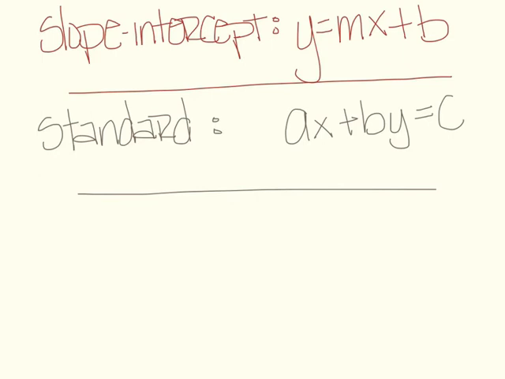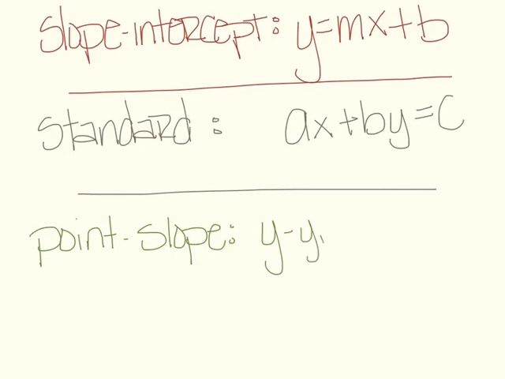And we have our new form that we just kind of touched on. Don't worry, we'll explain it in a future lesson. And that is point slope form. And that one looks like this crazy thing. I promise, don't worry yet, we'll talk about it later.